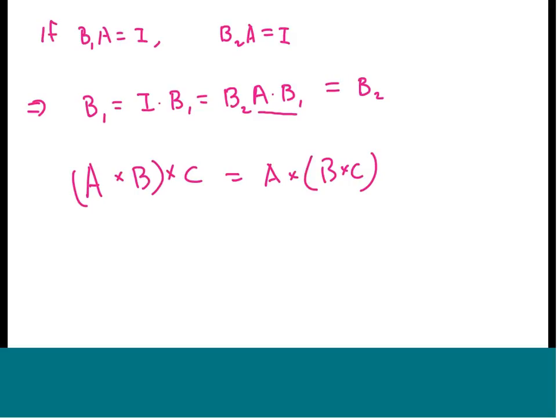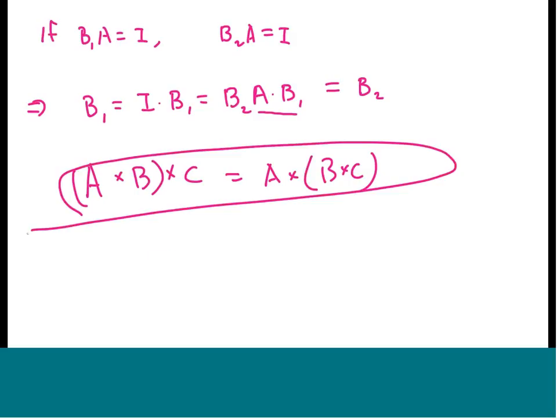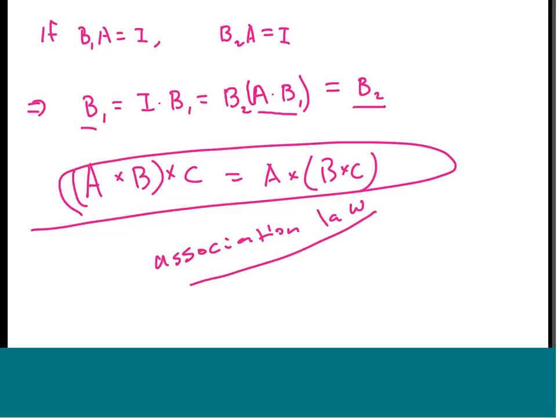This can be proved just by the definition. It's called associativity, the associative law. So here we are using the associative law. So B2 times (A times B1), then you get B2 times I, then you get B2. So B1 equals B2. You get it?